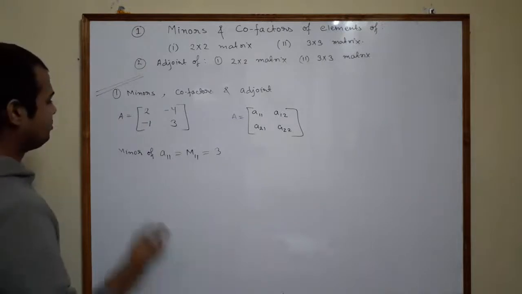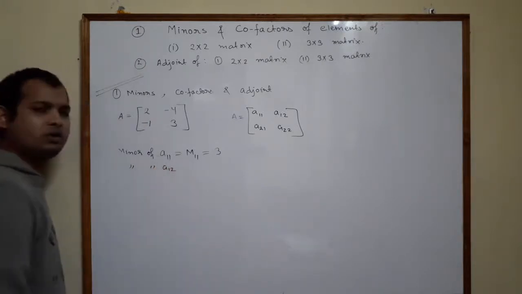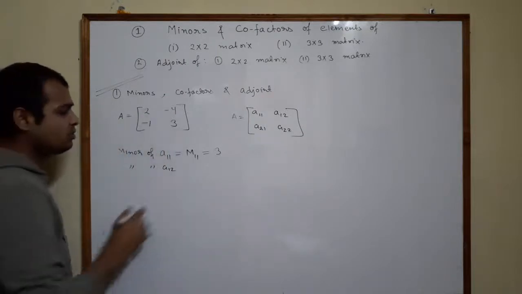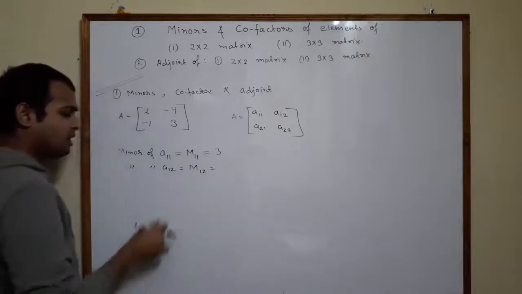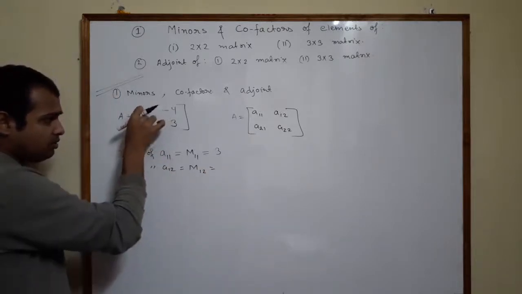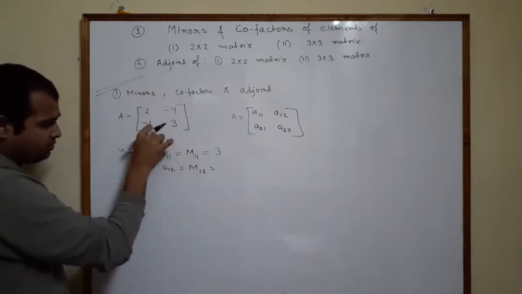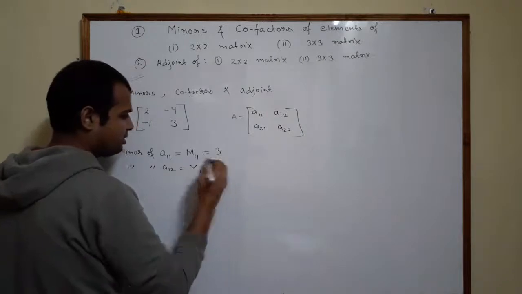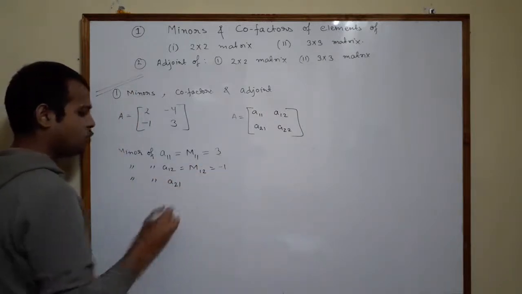Now next, the minor of A12, that means the minor of minus 4. For that you have to cover the first row and the second column. You are left with minus 1. Next, the minor of A21.